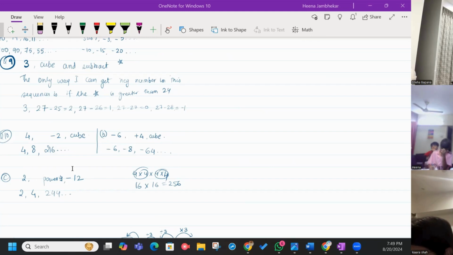And minus 4 cube would give you? Did you get the answer as minus 6, minus 8 and minus 64?